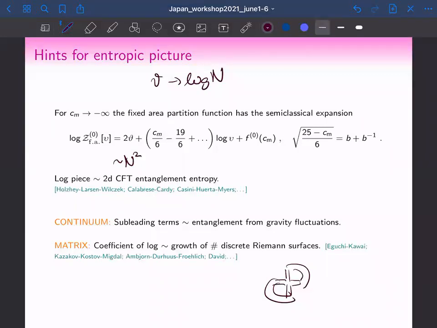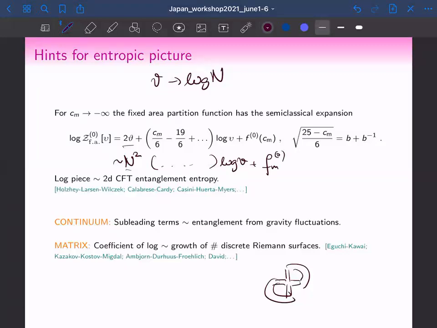An entropy is a discrete quantity, and n squared is a very discrete quantity as well. So these are high goals and high hopes. But we have this n squared over here, and then we have these corrections with log epsilon in the matrix picture.